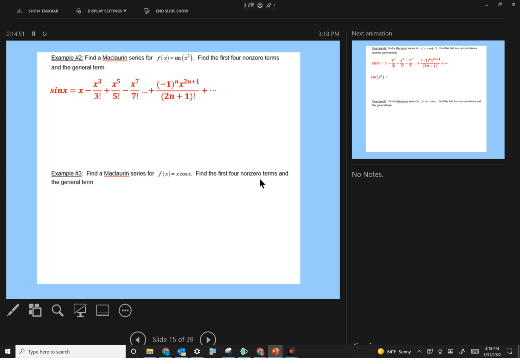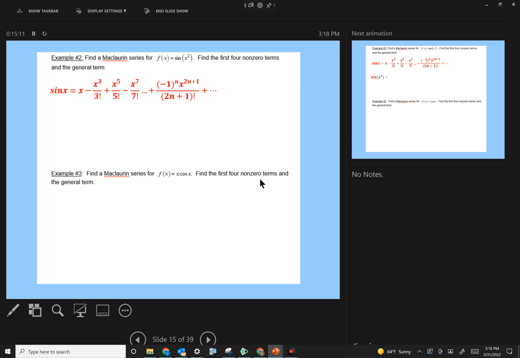Here's the beauty of it. But I don't want the sine of x. I want what? Sine of x squared. So that first thing that we wrote down before says you can substitute.